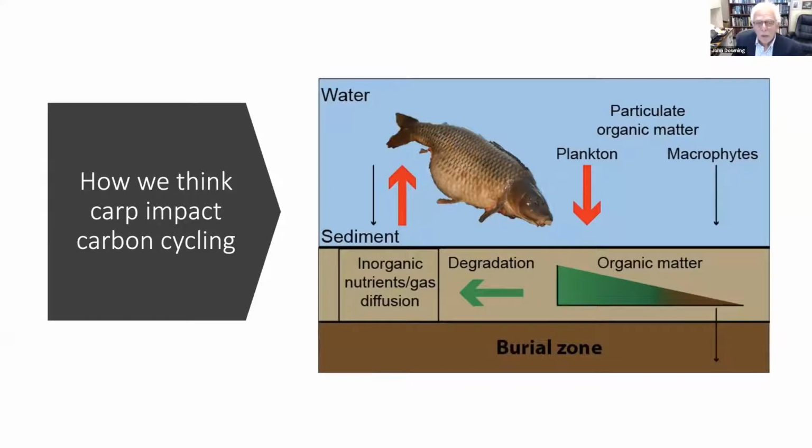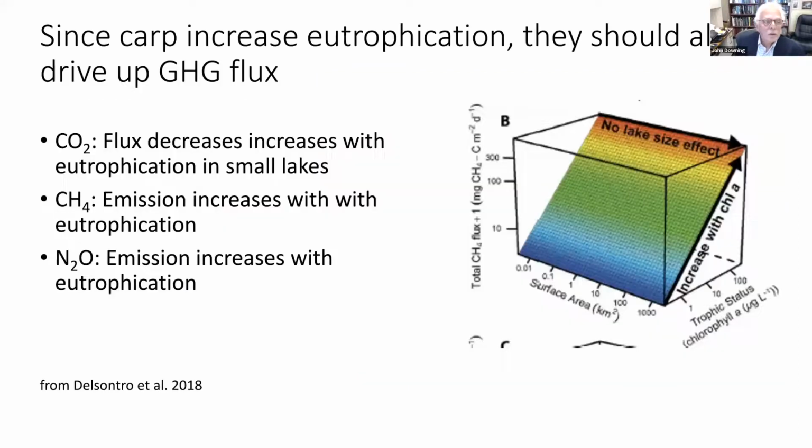So you see a big red arrow going down into the sediments caused by carp and a big red arrow going up in terms of gases and nutrients being emitted from sedimentary environments. Since carp increase eutrophication, they should also drive up greenhouse gas flux, because carbon dioxide, methane, and nitrous oxide emissions all increase with eutrophication.